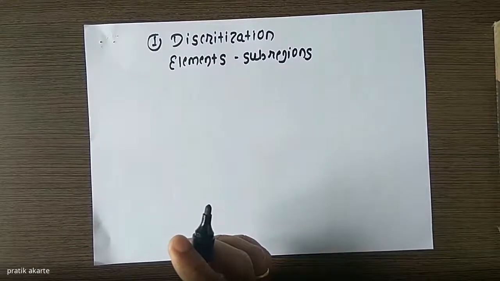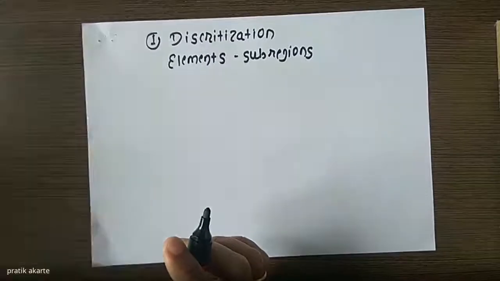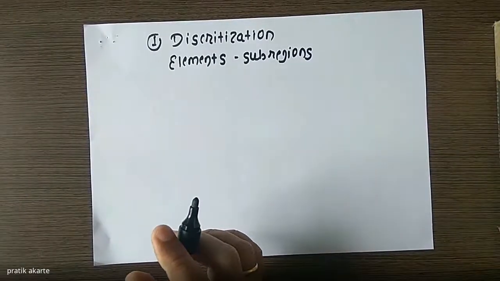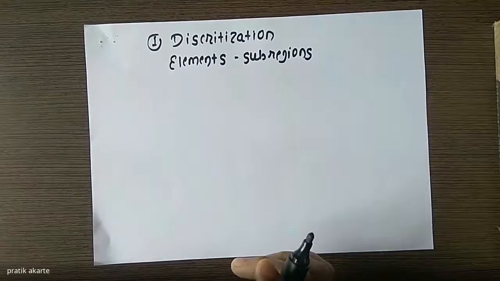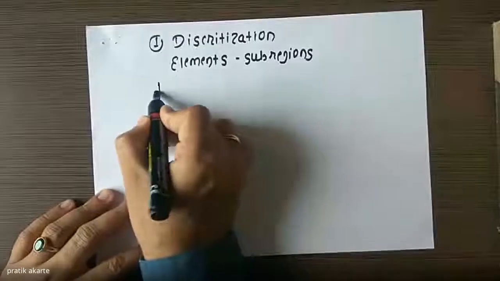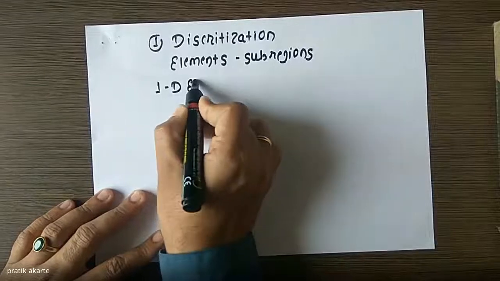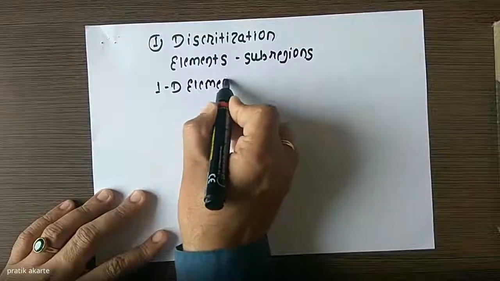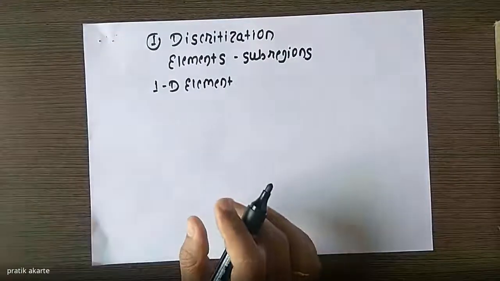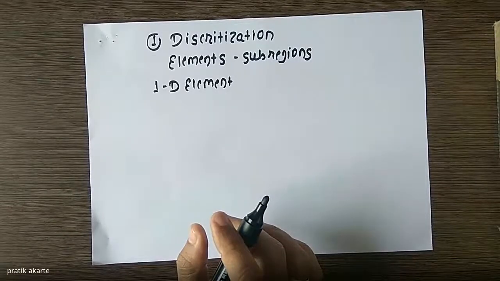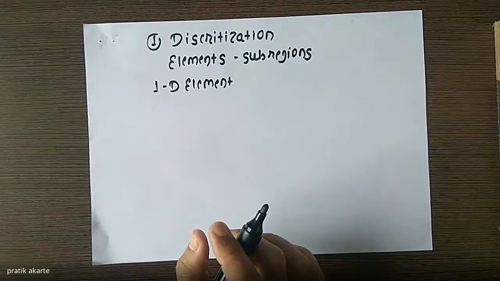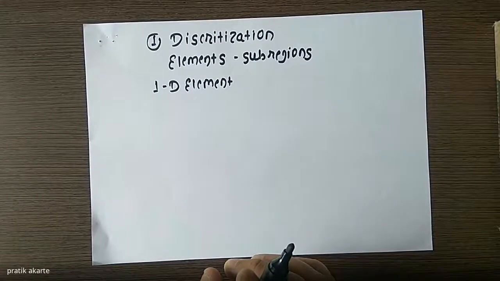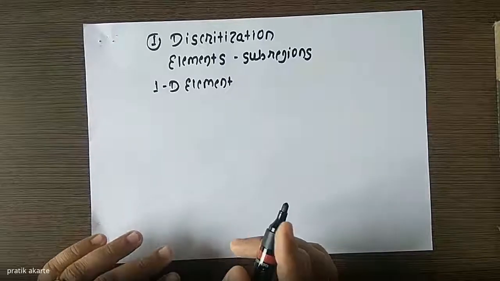So there are various types of elements, like the 1D element. Okay, 1D elements are the simplest type of elements in which the degree of freedom is 1. That means they can move in only one coordinate. So these have two nodes and 1 degree of freedom.